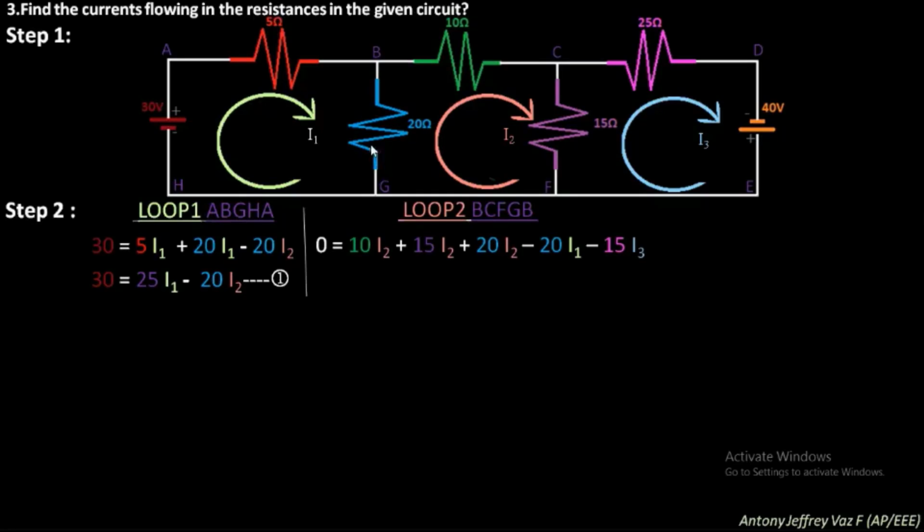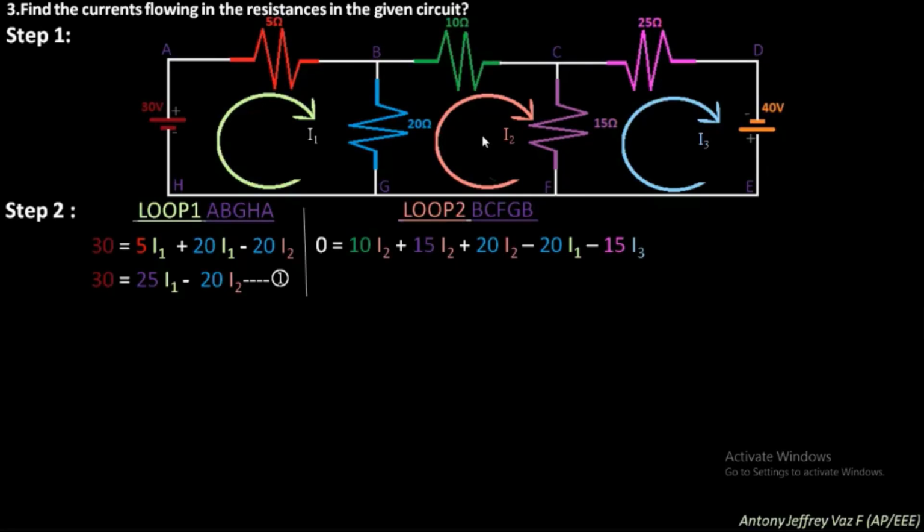So 0 volt will be equivalent to 10 into I2, 15 into I2, 20 into I2, all with plus signs.